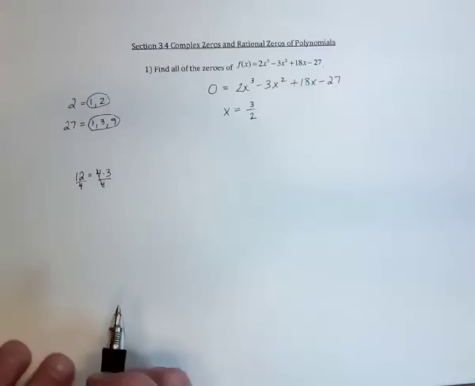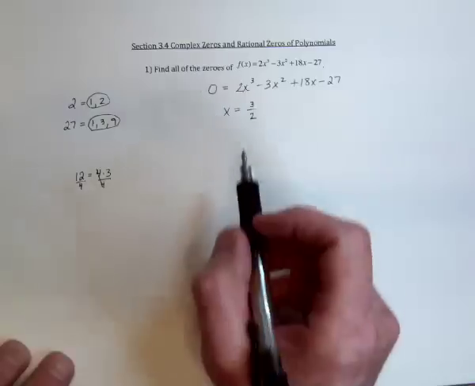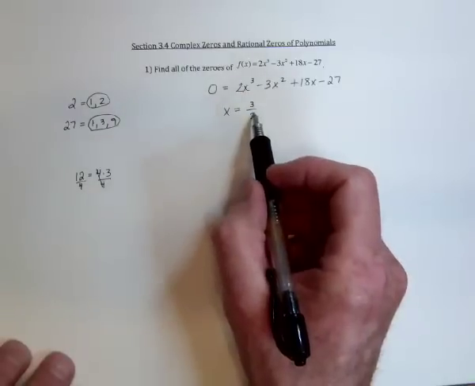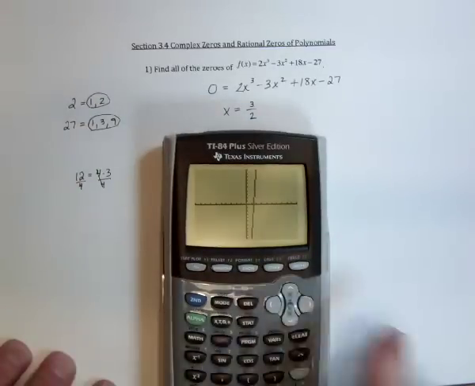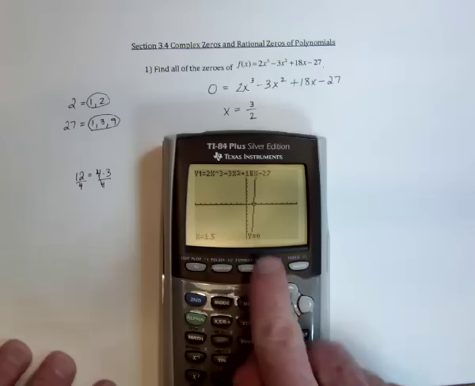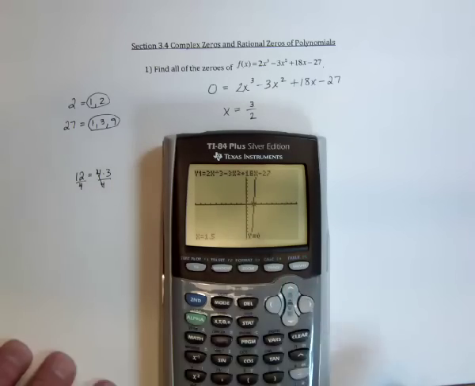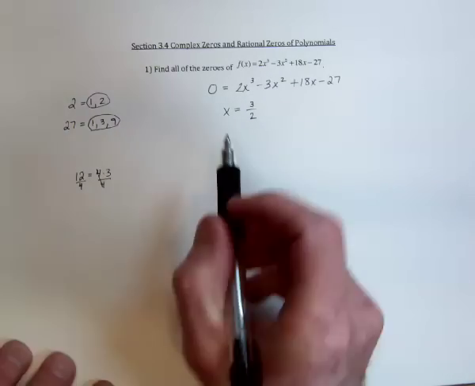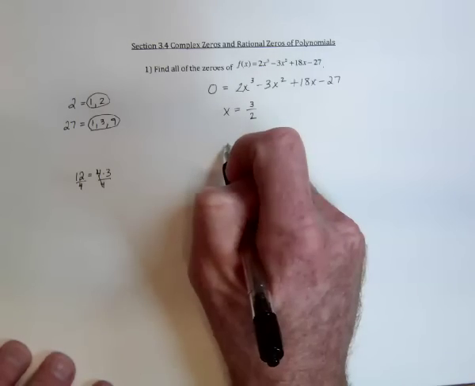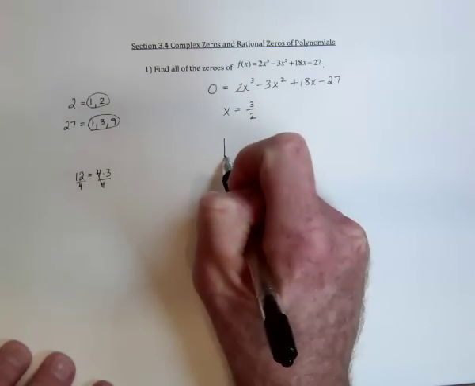But there's no remainder. The same type of idea here. If this really is one of the zeros, and I'm pretty sure that it is, trace says 3/2, correct. Yes, that is one of the zeros. Then it will divide evenly into the polynomial when we use synthetic division. So let's do that.